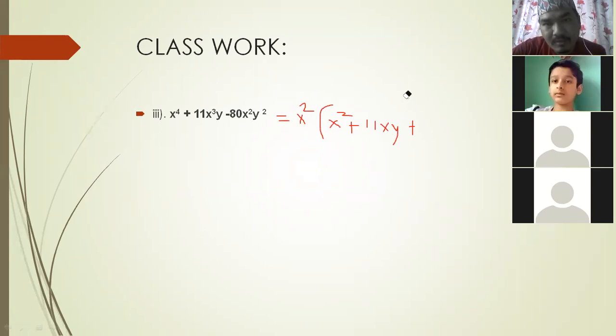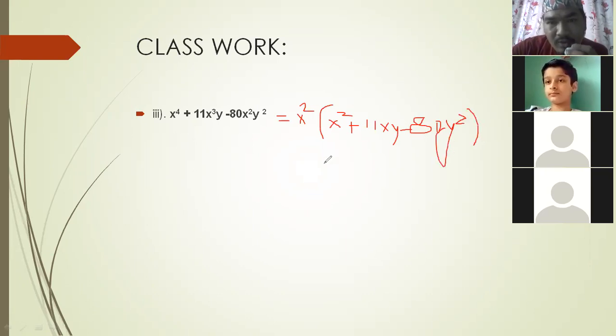Sir, minus. Good. Look there, there must be minus. Minus 80y square.